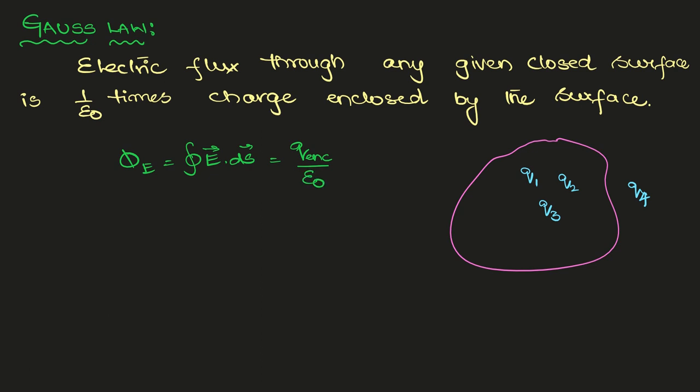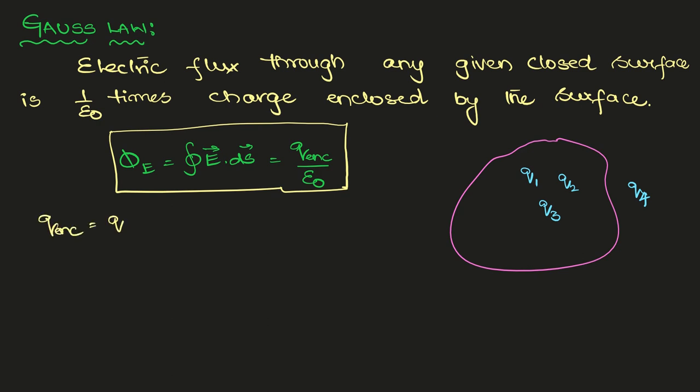This is our actual statement of Gauss law. And in this case, Q enclosed will be equal to Q1 plus Q2 plus Q3. As Q4 is outside, we need not consider that. But for the electric field, we have to consider the field due to all the charges.